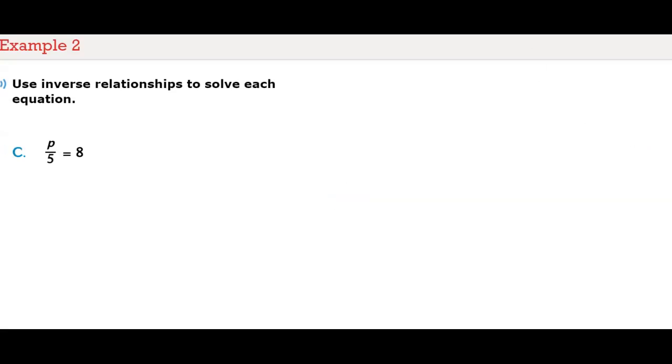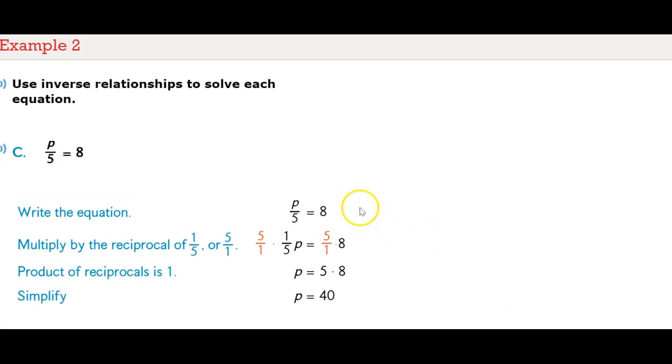Part C. P divided by 5 equals 8. Once again, you start by writing the equation, and again, you have a fraction, so the p is actually part of our fraction. That's our variable, and we still need to get it by itself.